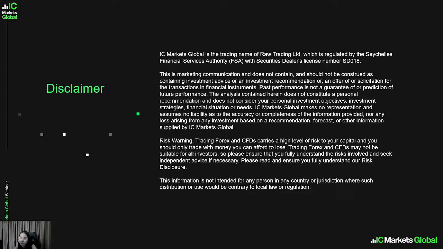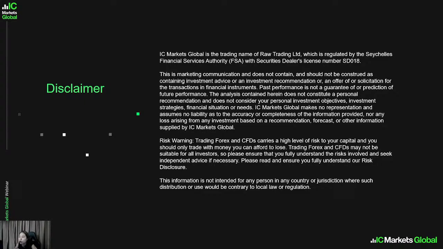That means even though we are going on to the live charts and I am showing how I would usually get my setup, it does not mean it is a signal for you to enter a buy or sell, because I will be showing my entry, my stop loss, and my take profit. I'm showing you from a different perspective how you can use this technique to apply it into your own analysis making. But please do not take it as a signal to buy or sell.